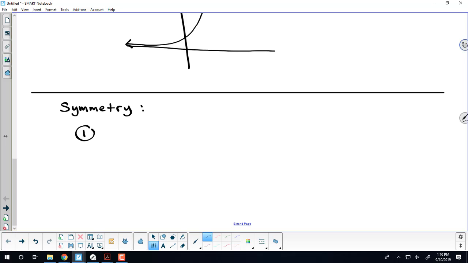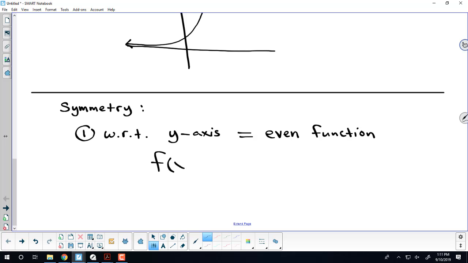Just as a reminder, symmetry with respect to the y-axis. If I have a function that's symmetric with respect to the y-axis, what kind of function is that? Even. It's an even function, like x squared. Think about x squared, x to the second power. That's an even function. Meaning that the original function is equivalent to f of negative x.